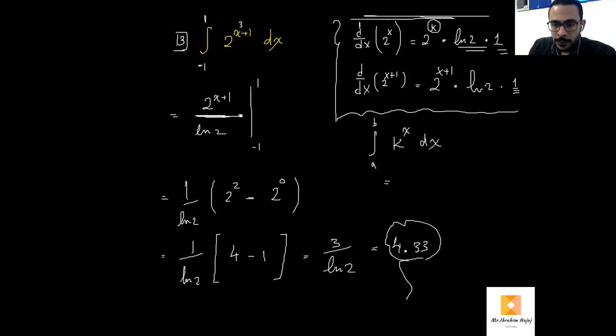The answer should be the same: K to the power of x over ln K, multiplied in the denominator by the derivative of the power, d over dx of this function. Okay?